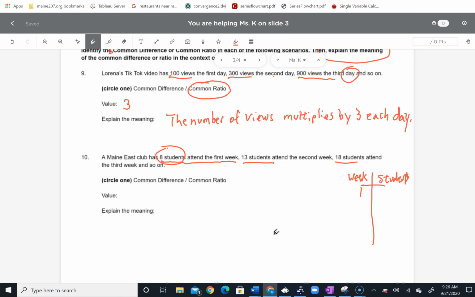We had week 1, there were 8 kids. Week 2, we've got 13. Week 3, we've got 18. And I hope you can see we're adding 5. So this is a common difference. The common difference is the number that we add or subtract. And then we have to explain the meaning. We're going to say what we are counting or measuring. Well, that's the number of students. So we can say the number of students.